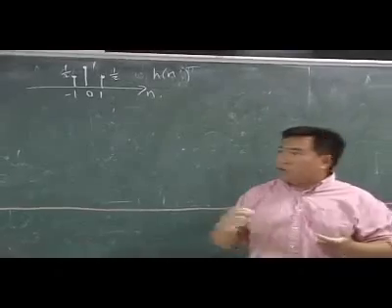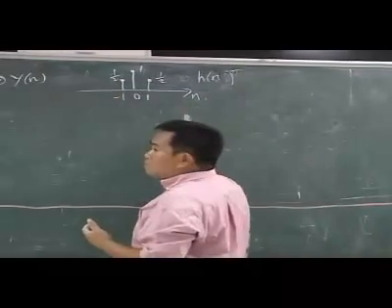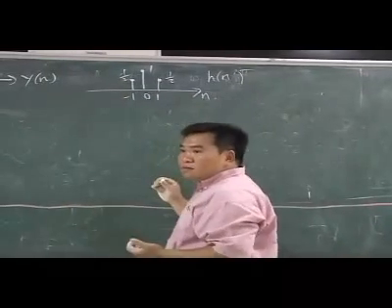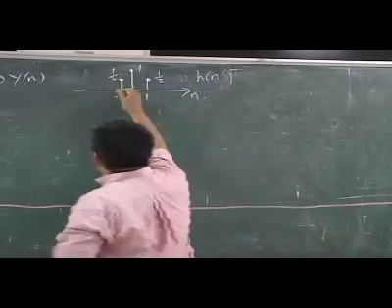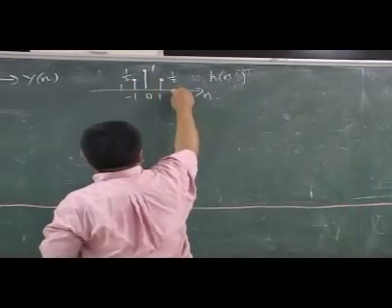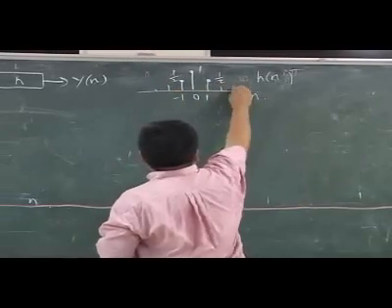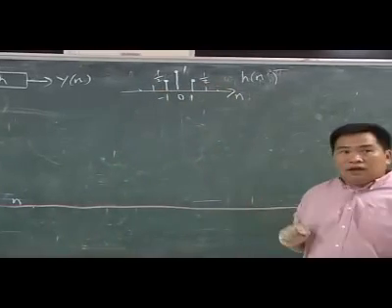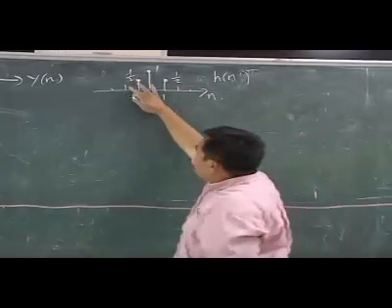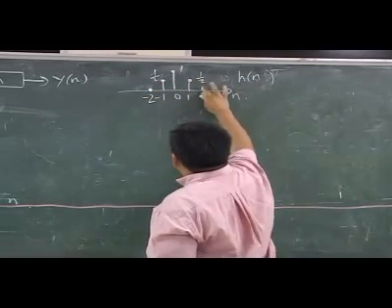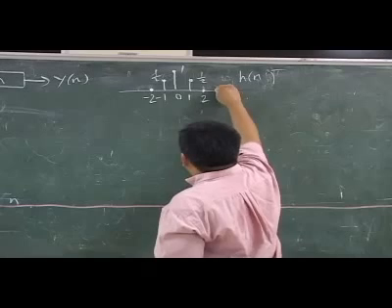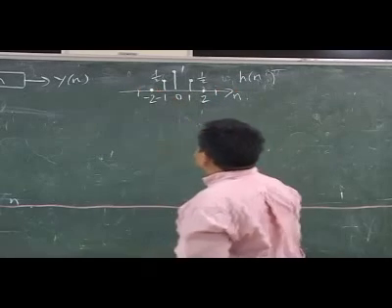You can put 0 sample here, but it doesn't do anything. So if you add a sample here and a sample there, it turns out that the next sample has to be 0, and then this can be something else.